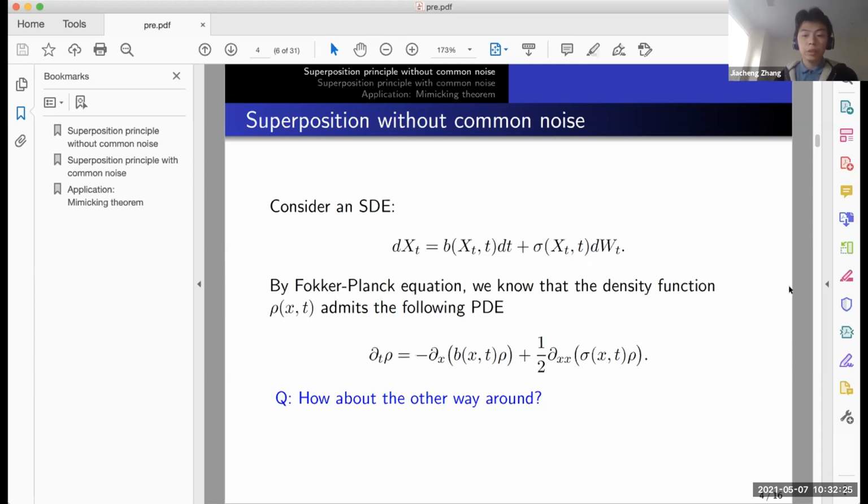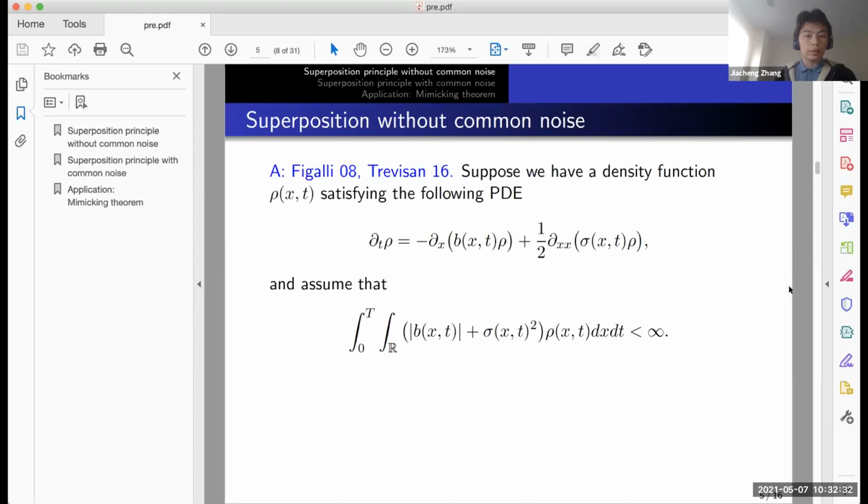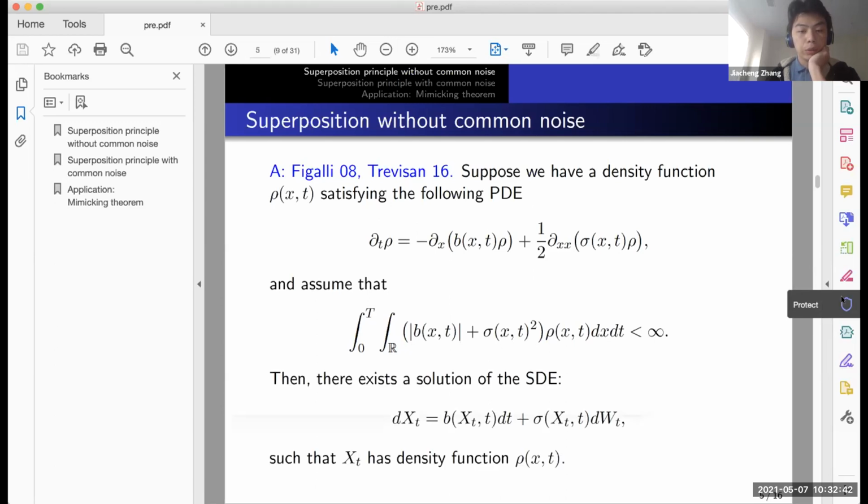So the answer is yes, and some well-known result is from Figalli and Trevisan, in the sense that suppose we have a density function rho satisfying the following PDE problem, and we have some integrability condition, then we should be able to find or to construct some SDE satisfying this.